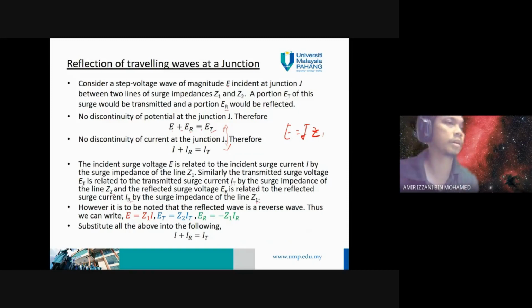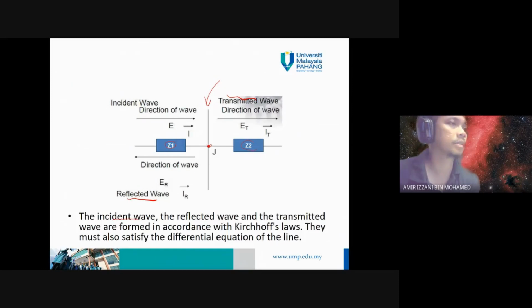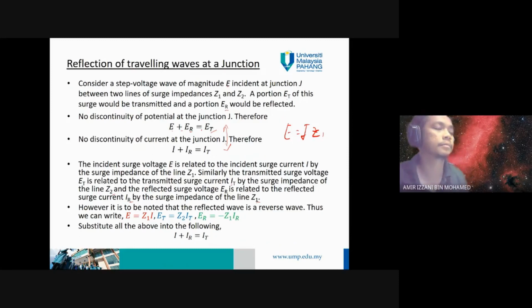Let's look back at the figure. Here we have IR, ER and Z1, and on this side ET, IT and Z2. So we now have three equations.